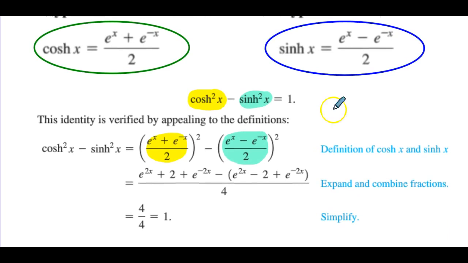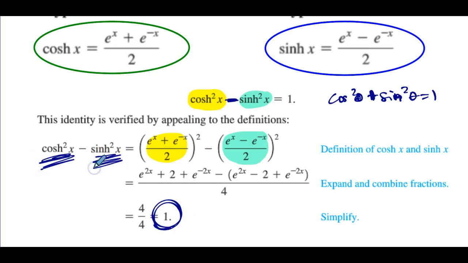You can see we already know that in trig, cosine squared theta plus sine squared theta is equal to 1. That's a plus, kind of like an ellipse has a plus sign in between, set equal to 1. Now hyperbolic functions are set equal to 1, but we changed that plus to a minus. So again, here's the quick little proof, using these definitions, of why hyperbolic cosine squared minus hyperbolic sine squared is equal to 1.